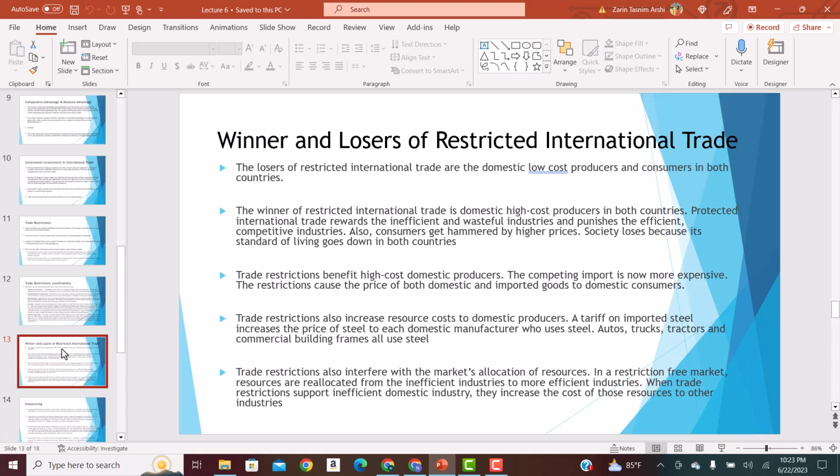The winners are the inefficient domestic producers because now they don't face much competition and they can operate in an inefficient manner and sell in the market at high prices. Okay, it can also impact the efficient domestic producers because now there's not much competition, so they do not have the incentive to become more efficient.